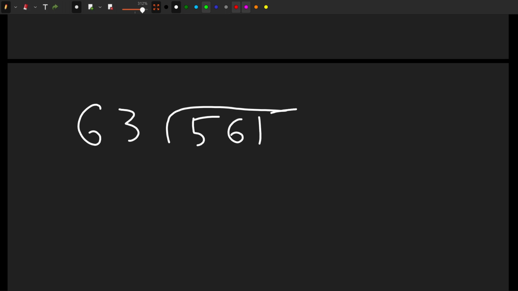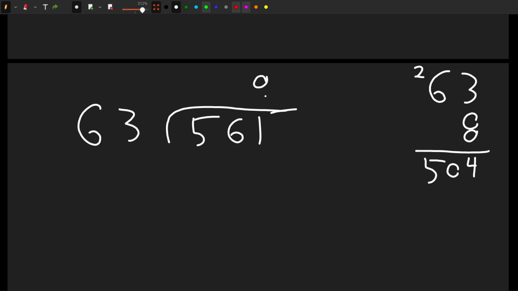Let's see, 63 times 10 is 630. I don't think 63 times 9 is going to work, but I think 63 times 8 will work. 8 times 3 is 24, that's a 4, that's a 2. 8 times 6 gets me to 48, that's 504. If we added another 63, it would be just a few over, so I'm going to have 8.